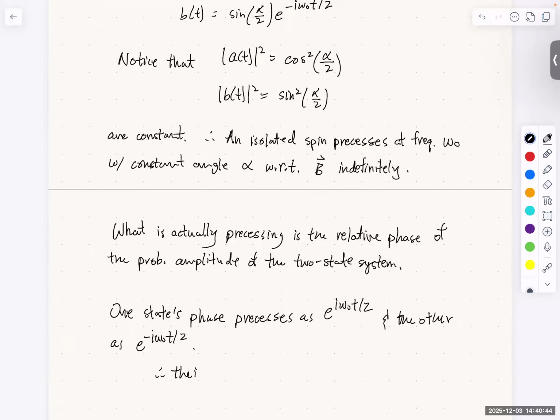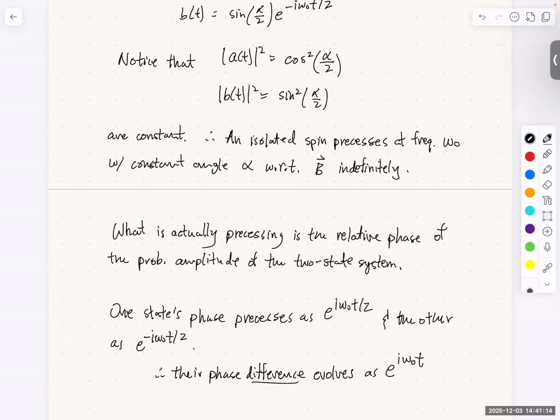Therefore, their phase difference evolves as e to the I omega naught t, without the divide by 2, because we get half in one direction and half in the other direction.